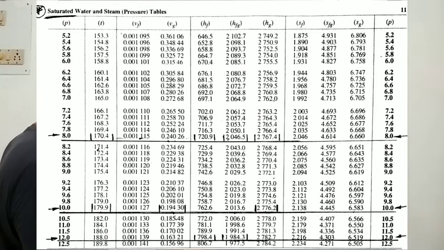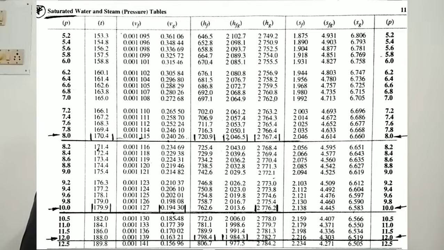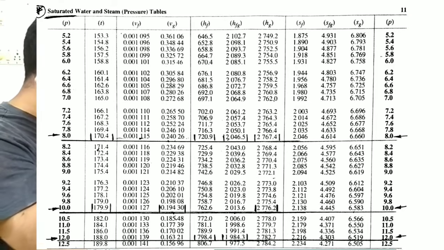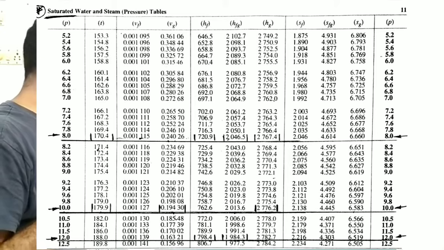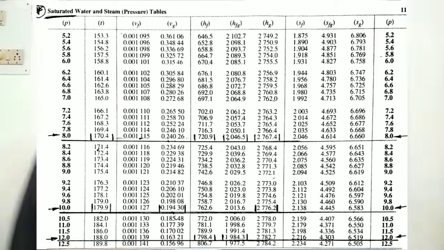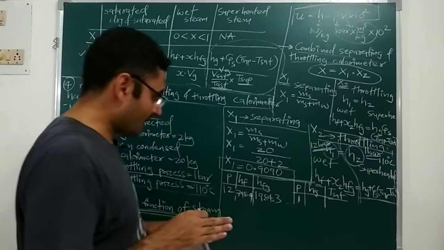From the steam table you can write the values of HF in front of 12 bar. It is 798.4. Concentrate properly. Then in front of 12 bar pressure, HFG is 1984.3. Next, in front of 1 bar pressure, I hope 12 bar and 1 bar are both in a single sheet.